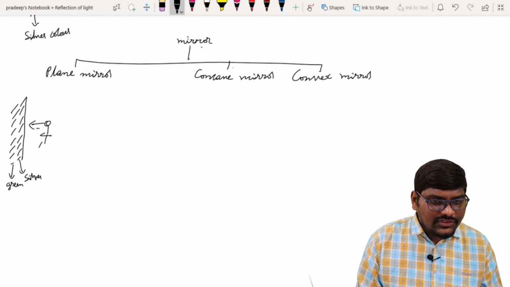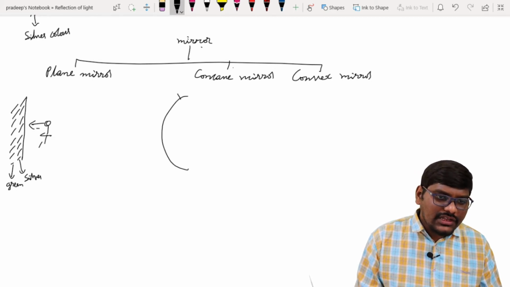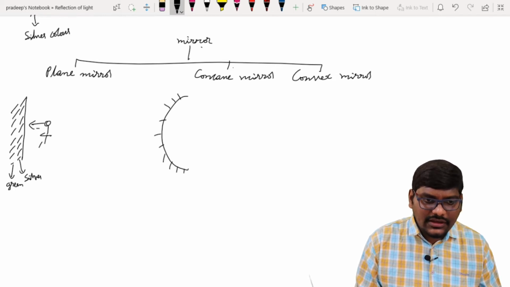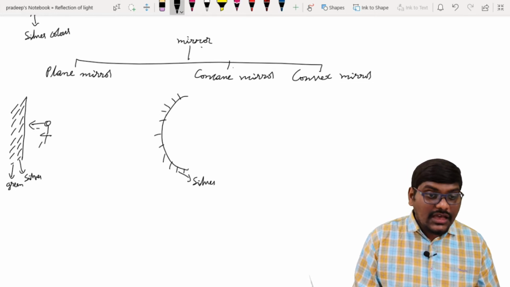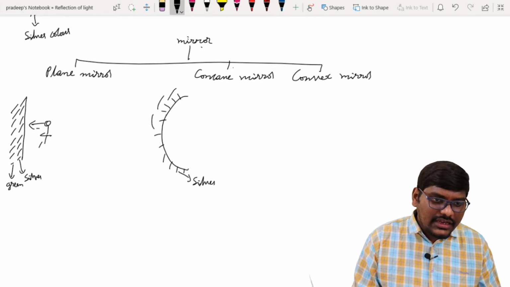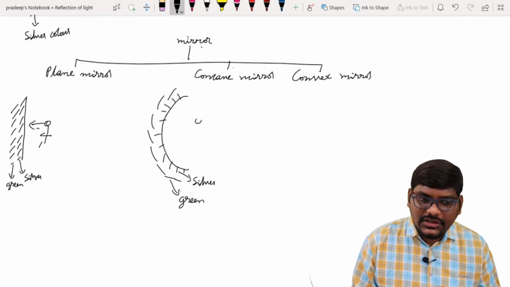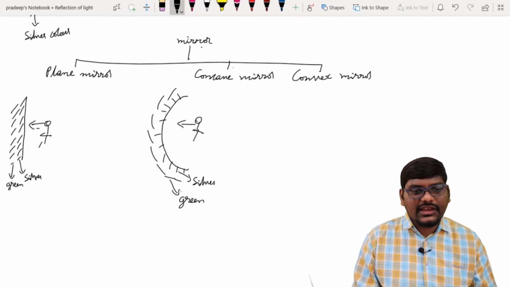The concave mirror is a curved mirror where one side, the bulge side, is coated. Again it is coated with silver color, and on the silver color, again with one more dark color. We'll say this is green, right? So if you stand over here, you can see your own image very clearly.